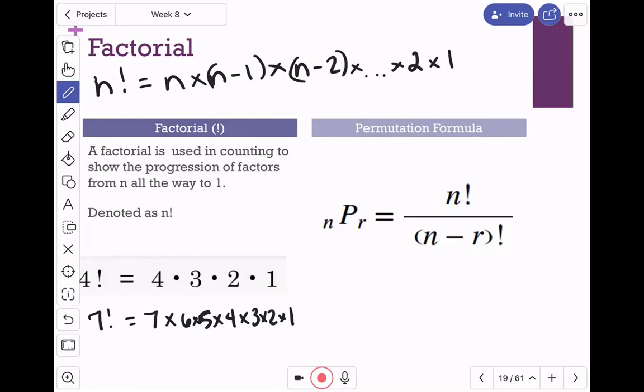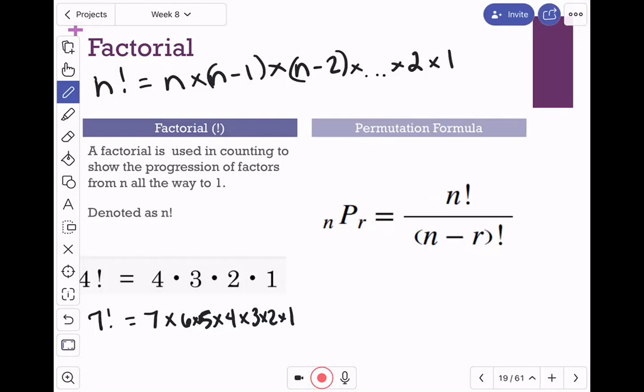And then that leads us to our permutation formula. Permutations, you don't really need a formula, but this is the formula. It's n factorial divided by n minus r factorial, where n is the total number of objects you have available to you. In our case, we have 5 total books available to us. r is the number of ways we want to rearrange those things.